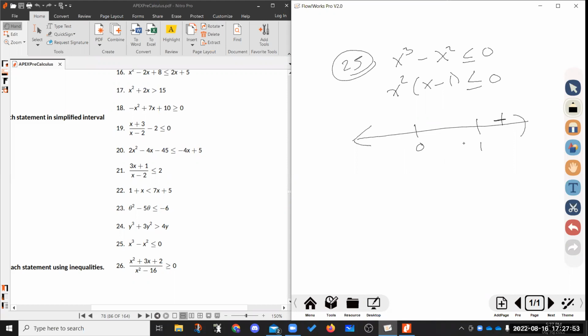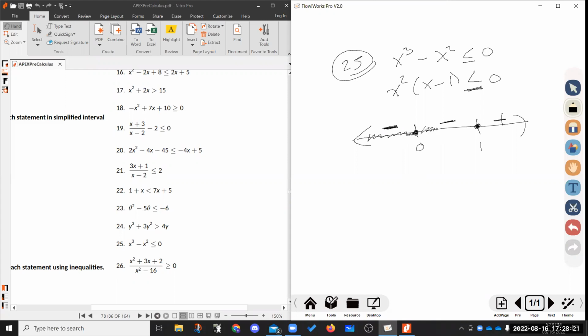Start out over here that this is going to be positive. I'm going to include the breakpoints because it says or equal to. There's an odd exponent on x minus 1, so we're going to change sign. There's an even exponent on the x minus 0 part, the x, so we're not going to change sign. So we want less than or equal to.